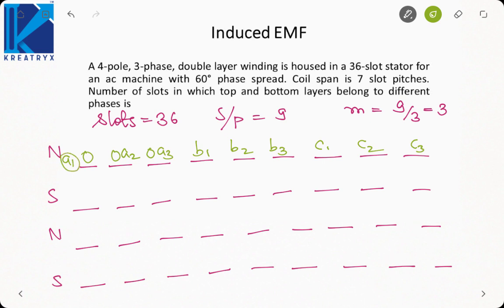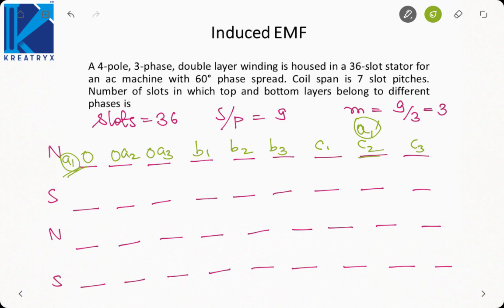So in the first one we have A1, its other side will lie in the 8th slot, that is here A1 dash. Now as you can see, in each slot we have 2 winding, and if one side is lower or it is lying downwards, the other side will lie on the upper side.